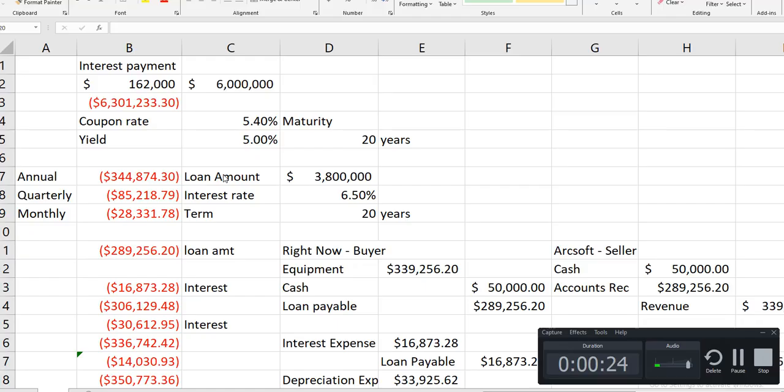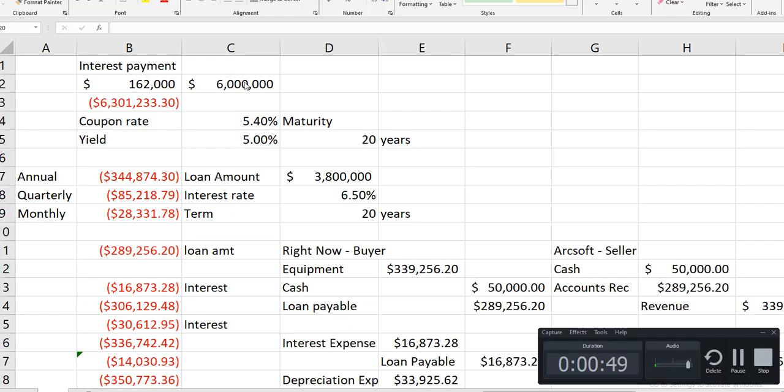We can do it all in one formula, present value, because a bond is essentially borrowing money with the idea that you'll pay interest on a regular basis and the maturity value, or the amount the loan was for, at the very end. In this case, maturity value is $6 million.